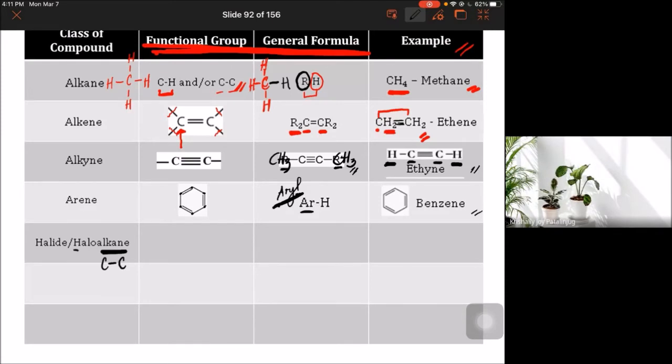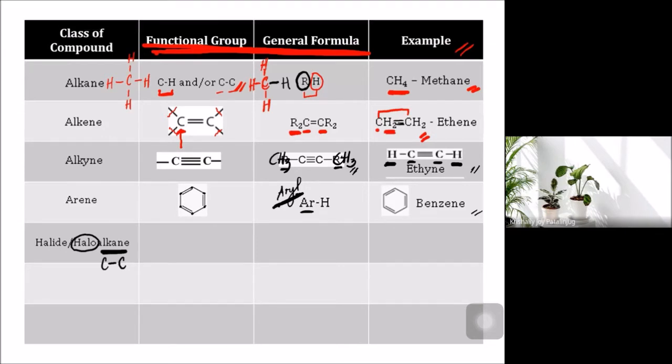Now, with regards to this portion ng pangalan, halo, this comes from the word halogen. So we would expect na you have an alkane chain, carbon to carbon single bond, or a carbon single bond to hydrogen, and then there is a direct attachment with a halogen. Okay, so yan yung kumbaga structural feature ng haloalkane.